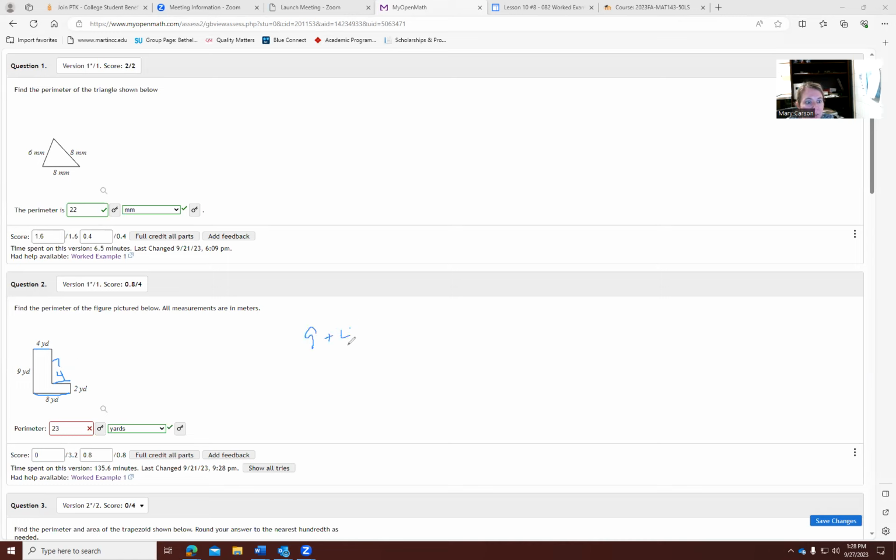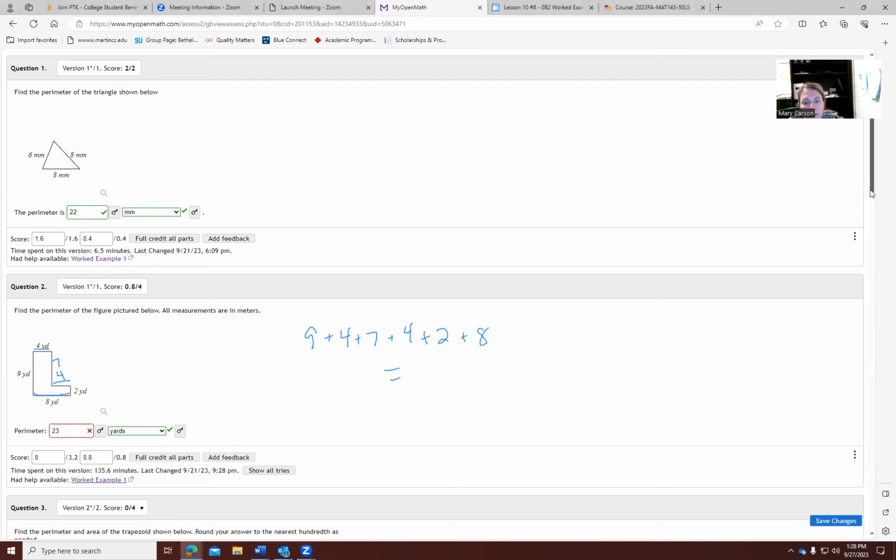So 9 plus 4 plus 7 plus 4 plus 2 plus 8 gives you 34. So the correct answer on that was 34 yards. Perimeter is always just in yards and area is always going to be squared.